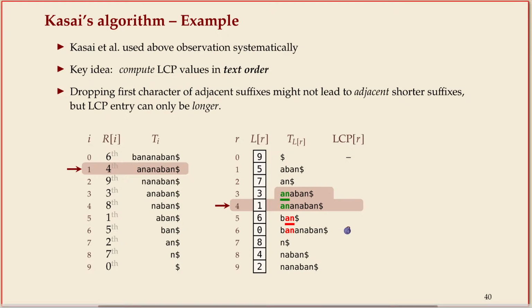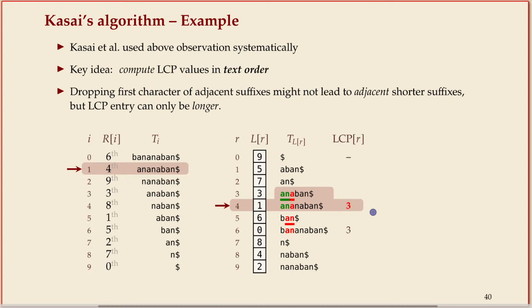Because there were 3 shared letters earlier, if I remove this one B at the beginning, I have 2 matches, 2 characters that definitely are the same without checking. So I don't need to compare those 2 again. These are for free, and I start comparing one character after that. In this case, there's one more character, but then the 2 strings differ. So I have another entry of 3, but I only paid 1 comparison to get it. The other 2 were for free.